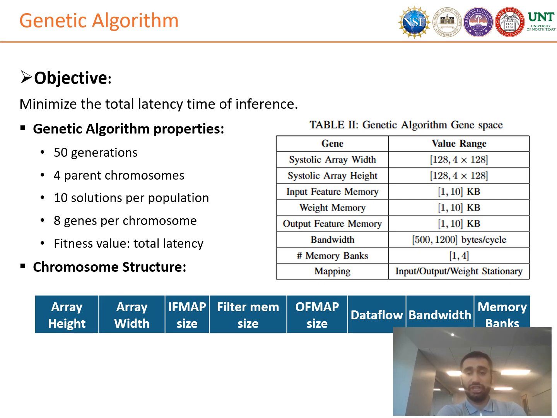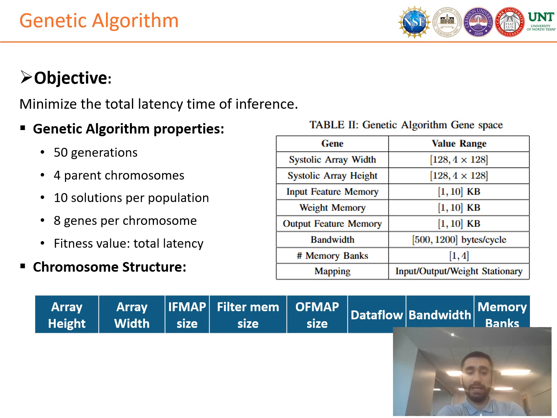We define the gene space for the genetic algorithm. We define 8 different genes as one chromosome, and we can see the chromosome structure here: systolic array width, systolic array height, input feature memory, weight memory, output feature memory, bandwidth, memory banks, and mapping.